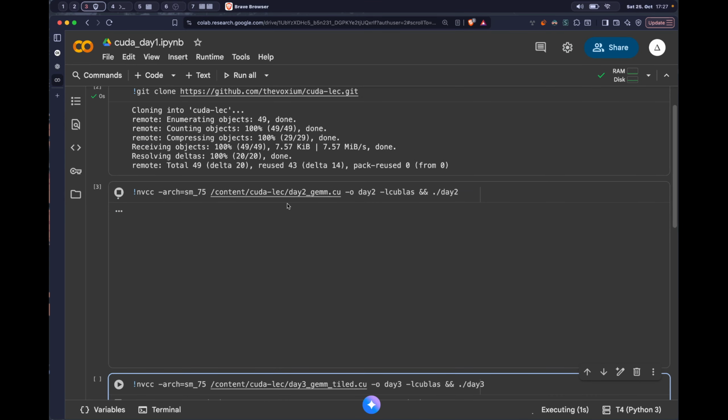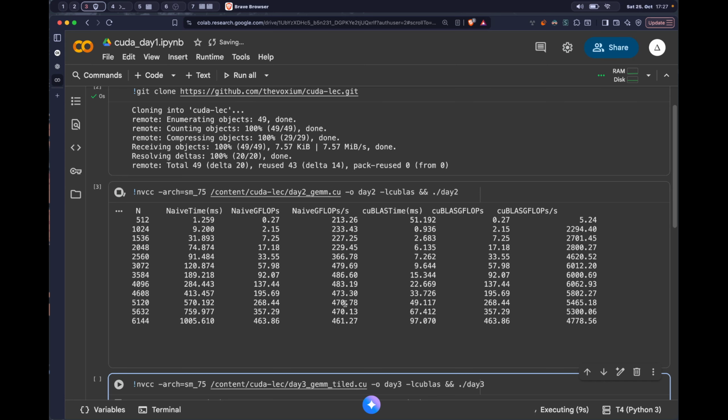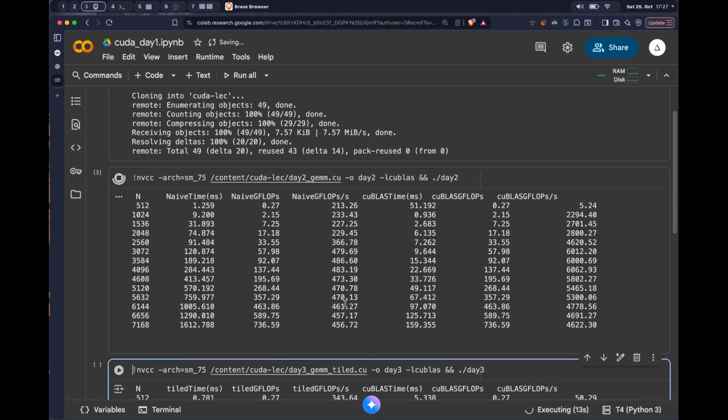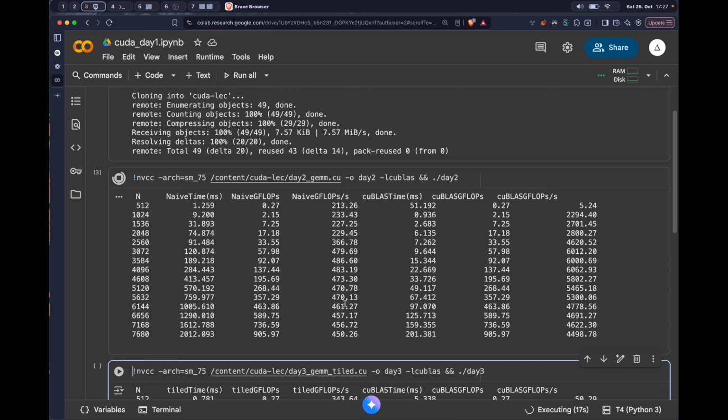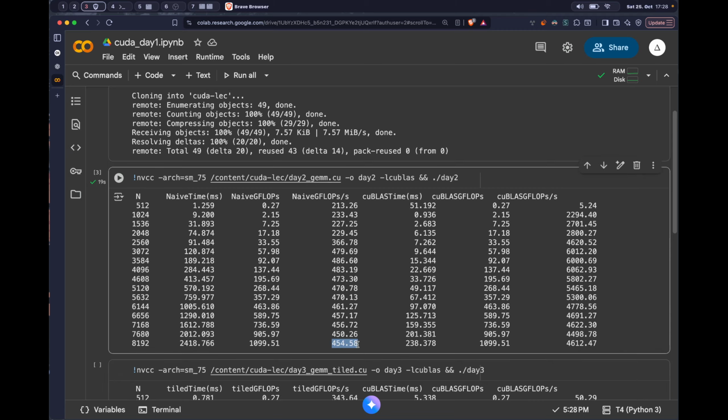Now, this particular code is the day two part, the yesterday code that we implemented, and you will observe the speeds right now. So for larger dimensional matrices, let's wait for 8092 to complete. So 8092 is for naive, it is around 454 gigaflops per second.